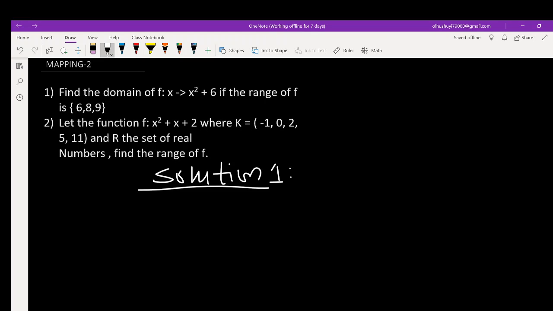To find the domain, always equate your function to the range, and you equate them one by one.